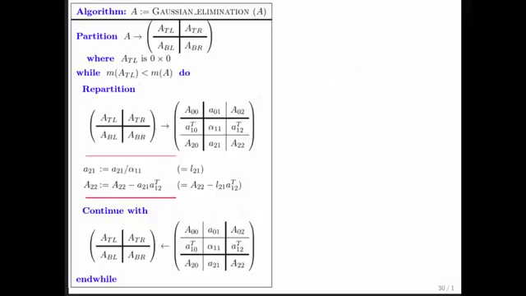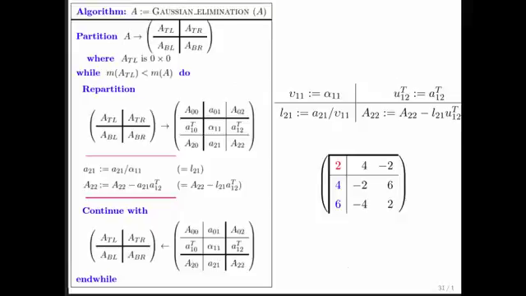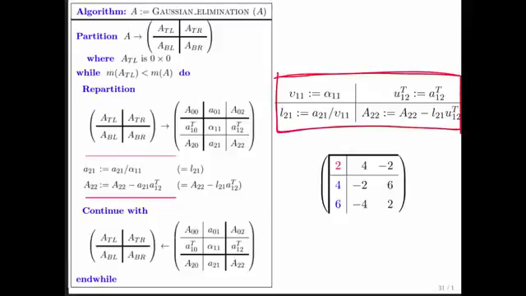We can summarize that all in the algorithm on the left, and let's illustrate what's going on the right. These were the updates that had to happen. Notice that we're updating A itself, so we're overwriting it. For this part, we don't need to do anything whatsoever. The current row is left alone.